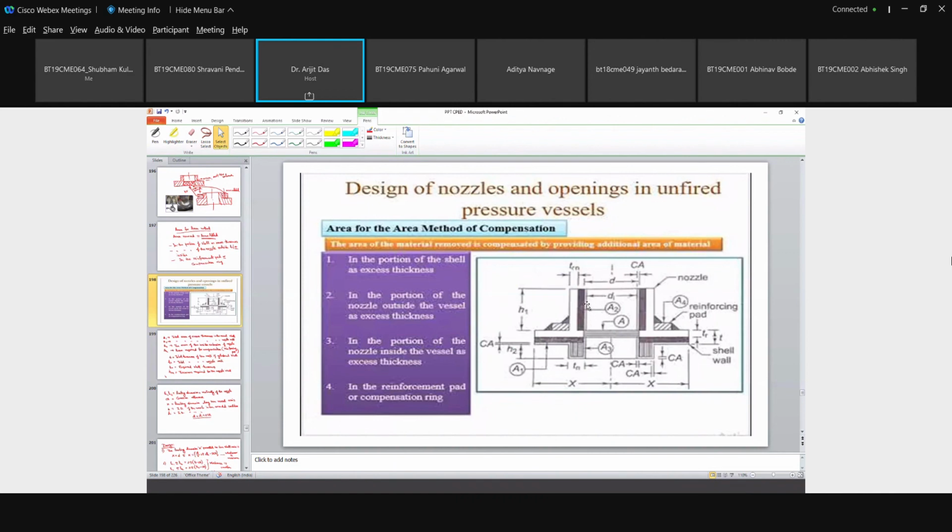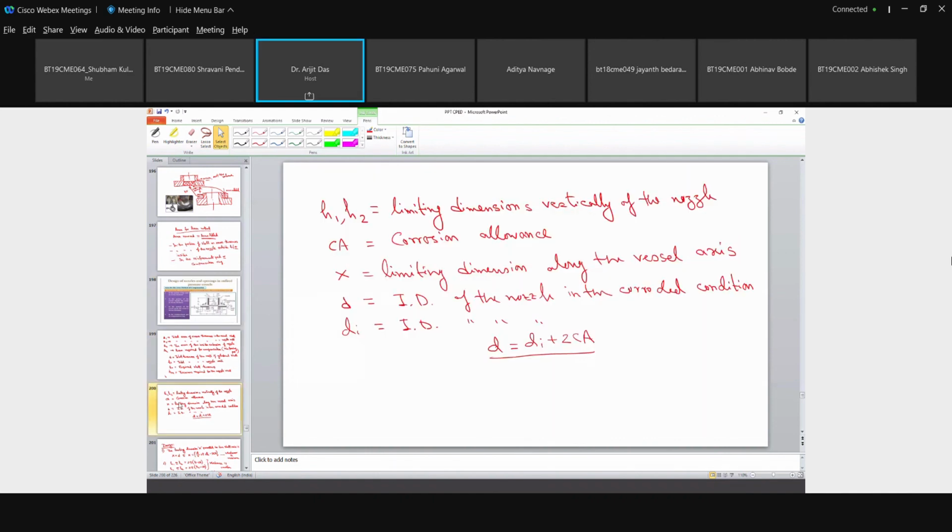And the white strap is known as the CA, that is the corrosion allowance. So D is the diameter in the corroded condition and DI is the non-corroded internal diameter of the nozzle. So we can write D equal to DI plus 2CA. Clear?